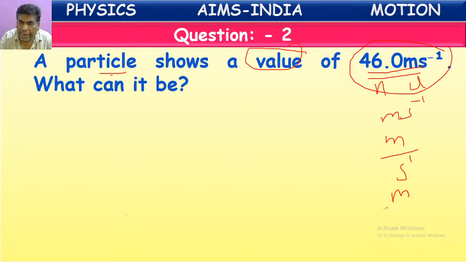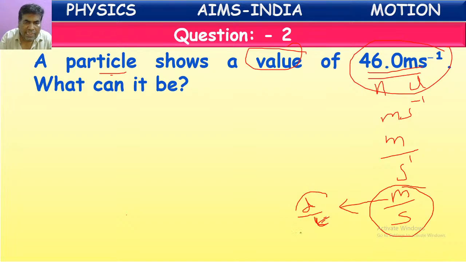What is meter? Meter stands for distance. Second stands for time. So what is d by t? Distance by time. Ratio of distance by time.